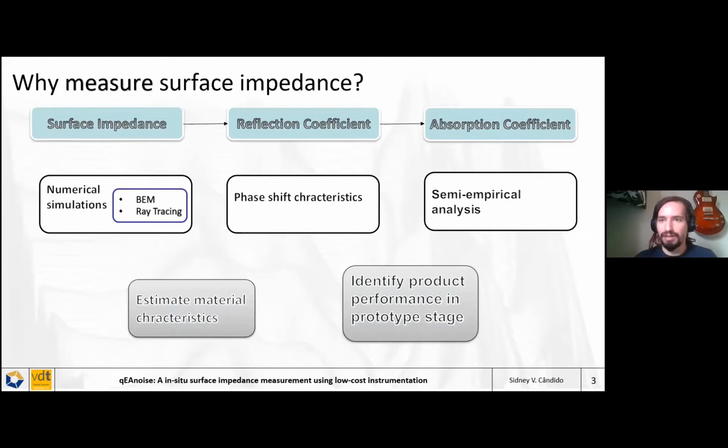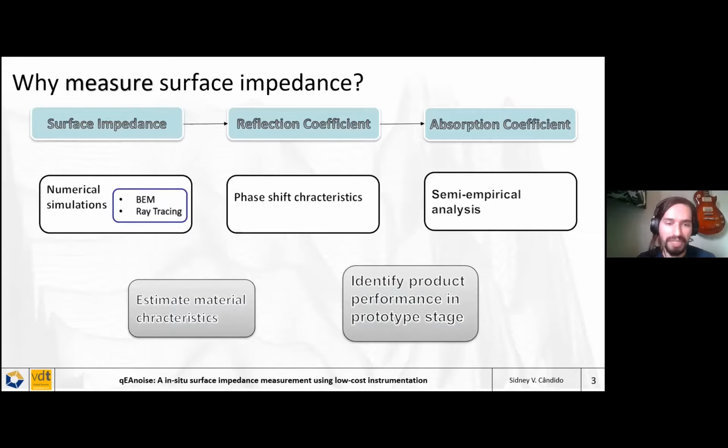I think Jochen Vey also uses some numerical simulations, and we can see the phase shift characteristics of the material. We can use the absorption information to estimate the reverberation time using Sabine's formula.